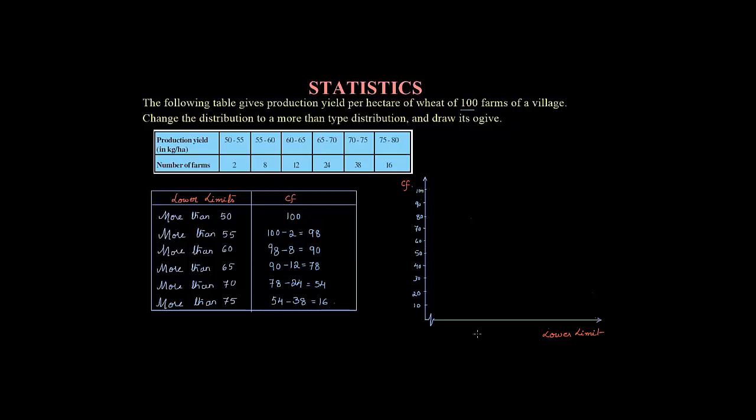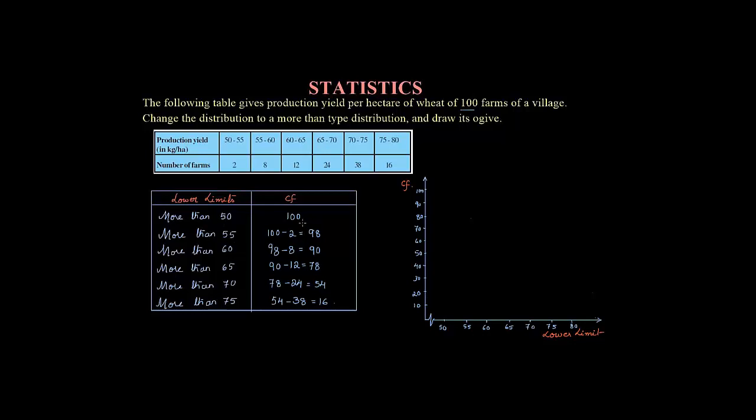Now on the x-axis, you can observe the value starts from 50. So let me take it as 50 first. Then we have 55, a difference of 5, 55, 60, 65, 70, 75, 80. Okay, let me now plot the points, right?